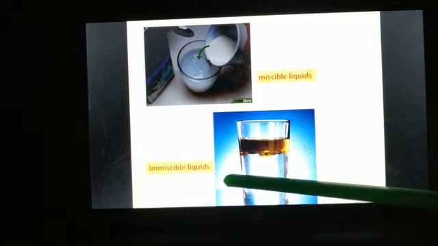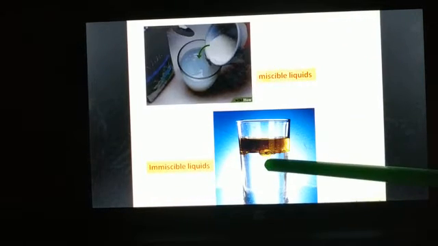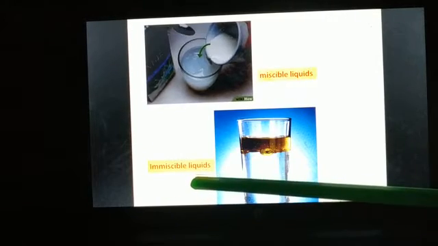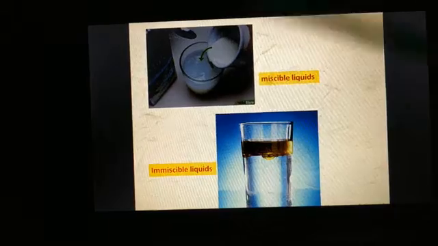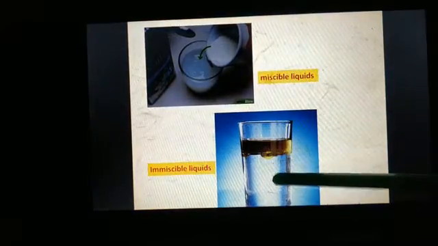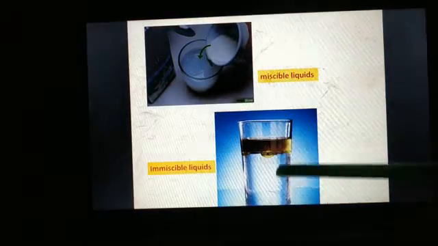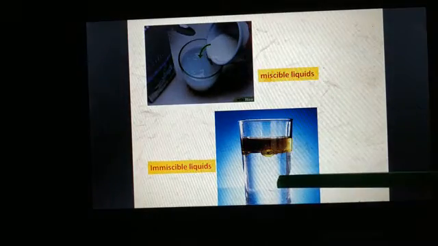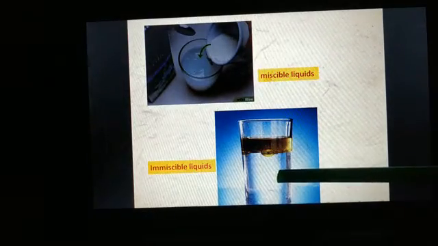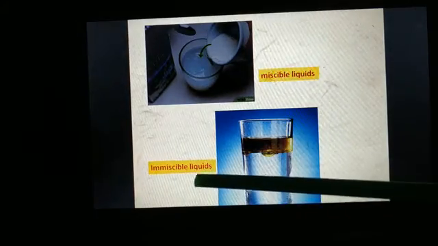The second example is an example of immiscible liquid. Here we have added oil and water. We have tried to mix oil and water, but you can see two different layers are formed. The oil is not mixed with water. So this is an example of immiscible liquids.